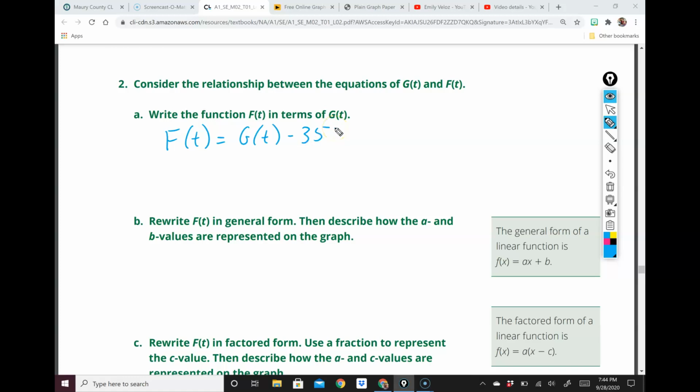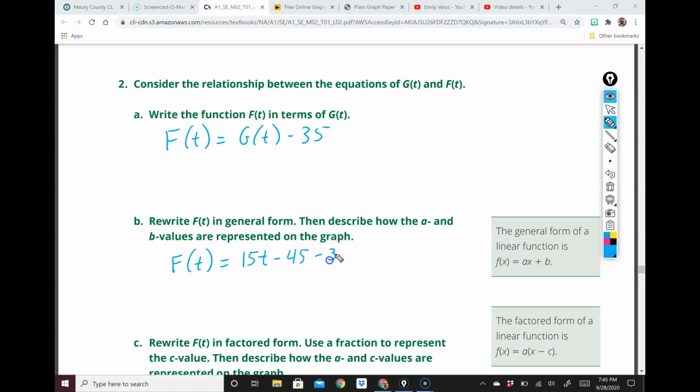Part B, rewrite f(t) in general form, then describe how the a and the b values are graphed. Well, g(t) is 15t minus 45.